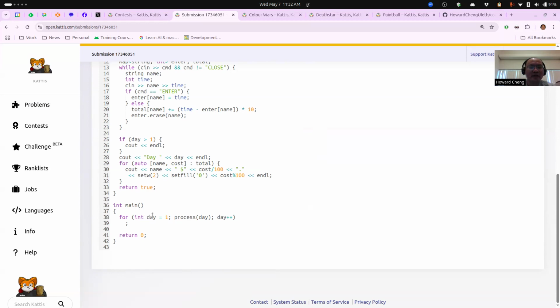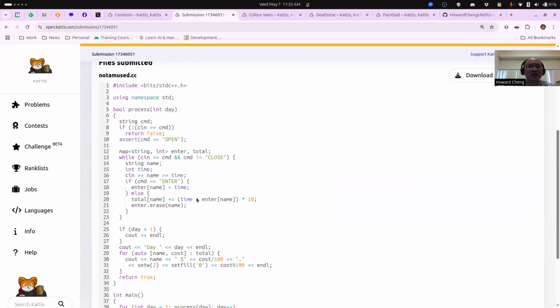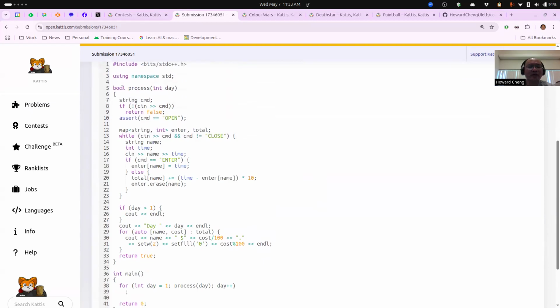The way that I strongly advise people to do this, instead of trying to put everything in main, which gives you another level of nesting where you have to make sure that things from one day are not saved into another day, and so on. In the process function, first I read a string.